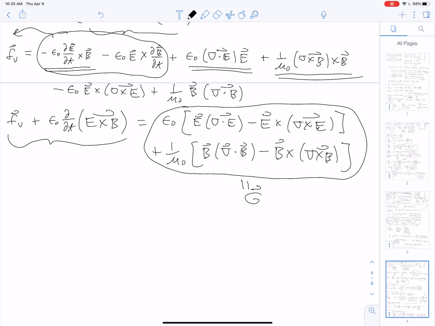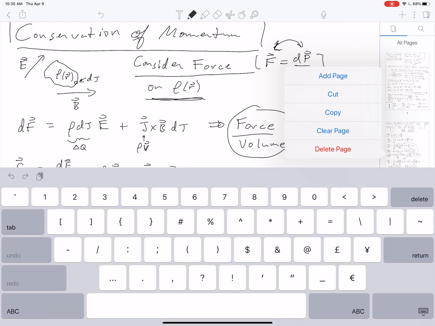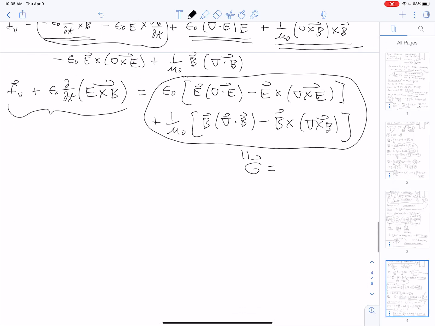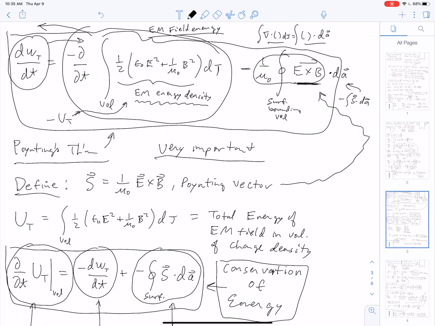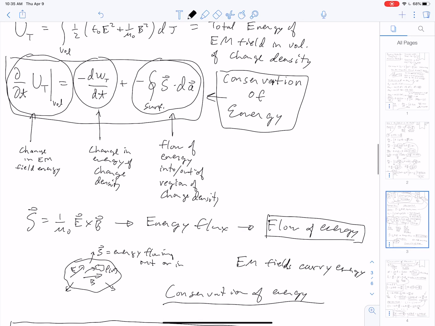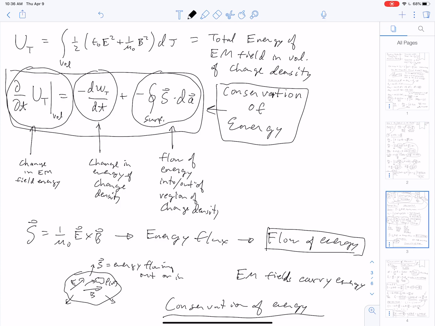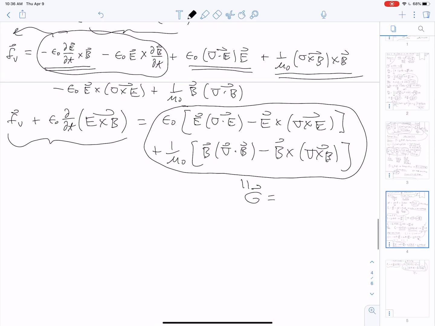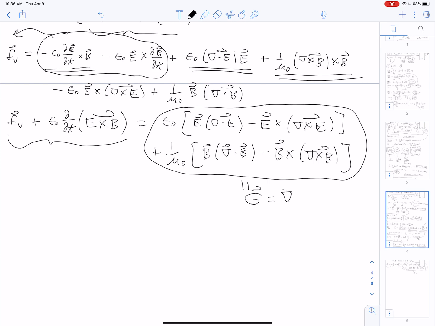So I want you to take it on faith, and maybe you can even kind of see it. Let's make an assumption that G is equal to del dot chi.